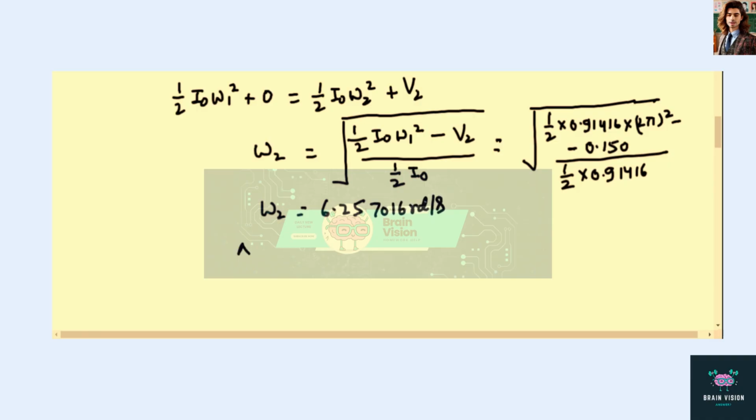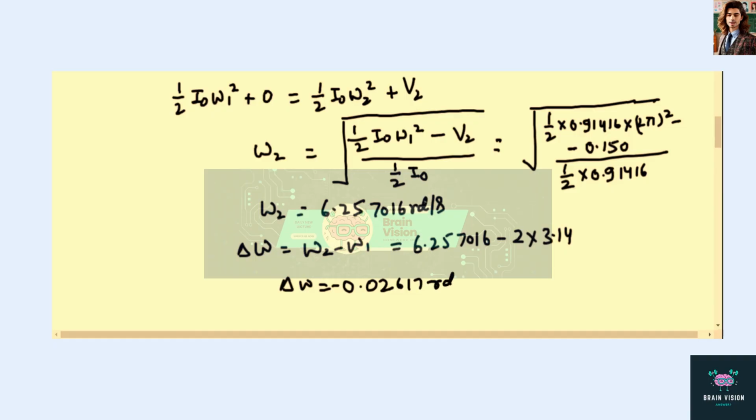Hence change in angular velocity omega 2 minus omega 1 is 6.257016 minus 2 pi, 3.14. So it will be negative of 0.02 radian per second. This is the answer of part A.